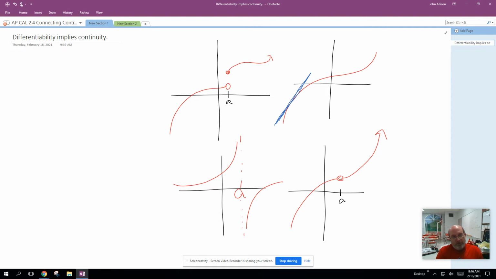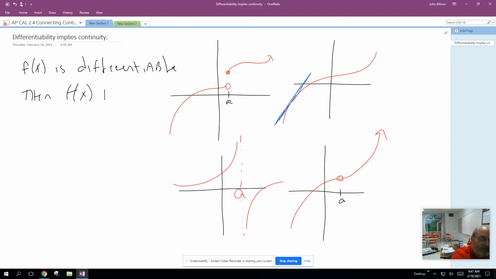So differentiability implies continuity. If you're told that f of x is differentiable, then that implies you can infer f of x is continuous.